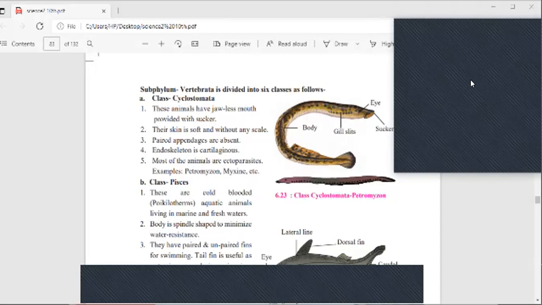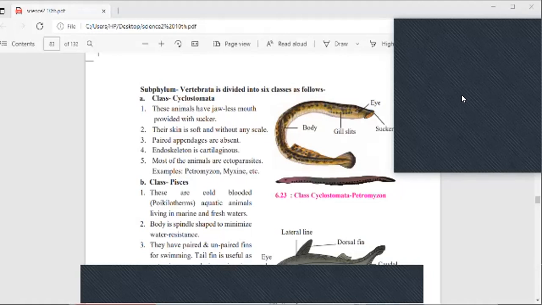Hello, Dhruv Gangwal, you can tell. What is meant by ectoparasite? Am I audible to you? Your presence is here in the attendance, but you are not opening your mouth.